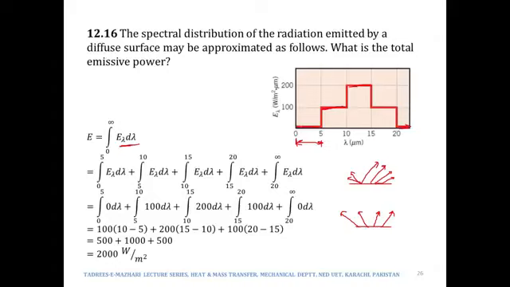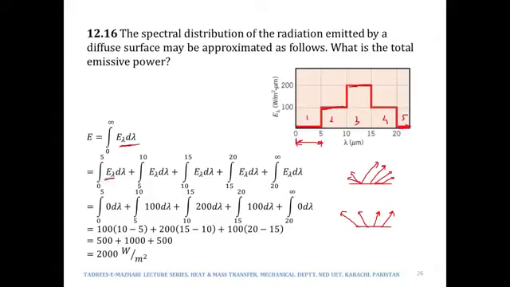So what we need to do is add up the emissive powers in region 1, region 2, region 3, region 4, and region 5. In fact, 1 and 5 are 0. So the integral of E lambda d lambda between 0 to 5, then 5 to 10, then 10 to 15, then 15 to 20, and then 20 to the end.